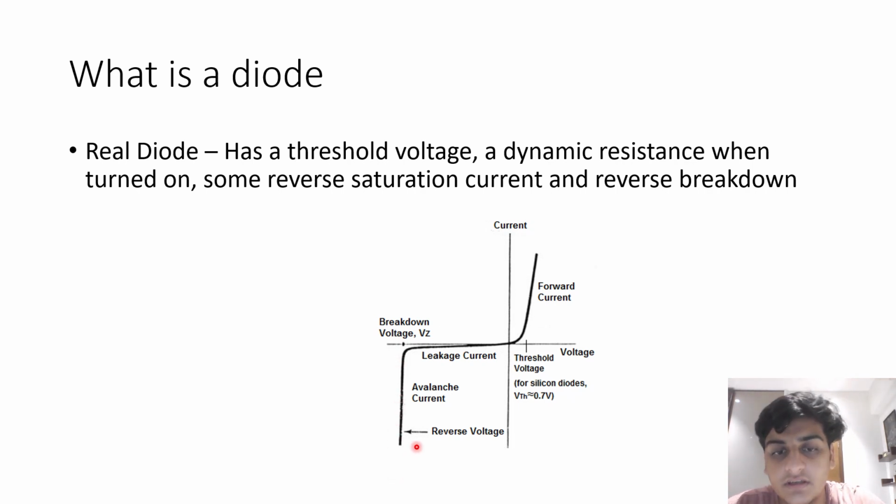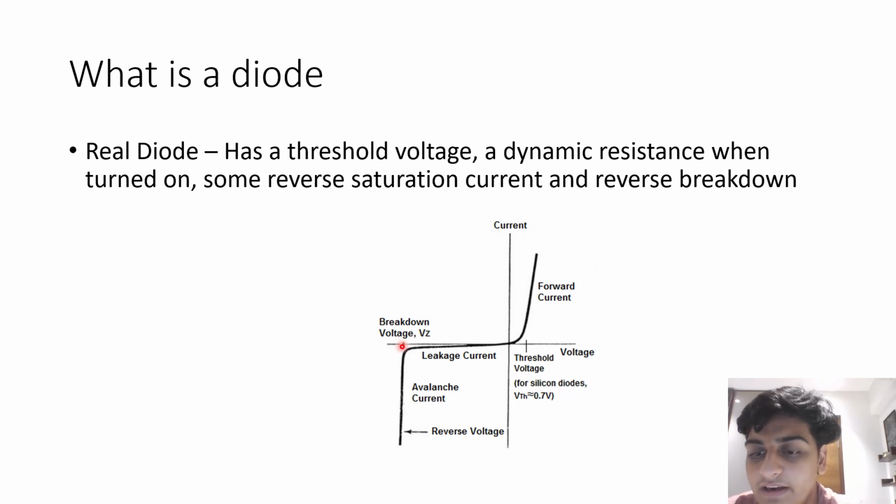If you've heard of a Zener diode, it works on this principle of breakdown current or breakdown voltage, whatever you want to call it. We use it as a voltage regulator because it allows a large amount of current to flow at the same voltage.